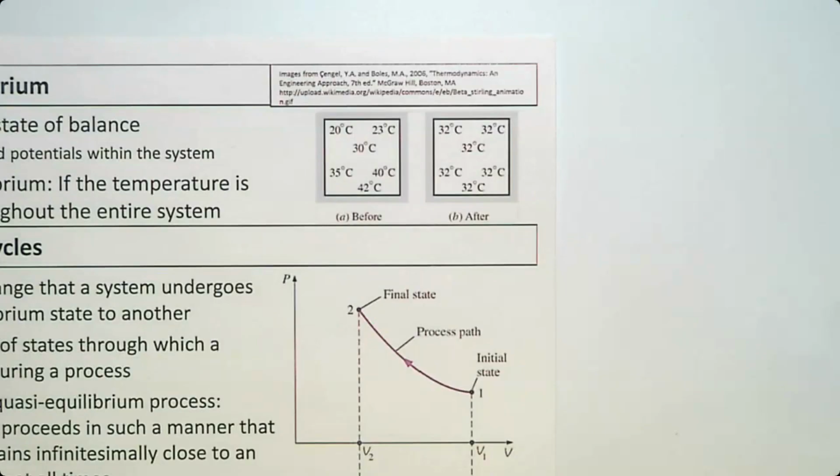So sometimes there's 20 degrees Celsius here, 40 degrees Celsius here, 35 degrees Celsius here. If you leave it for a certain time, there will be thermal equilibrium, which means that they have the same temperature.